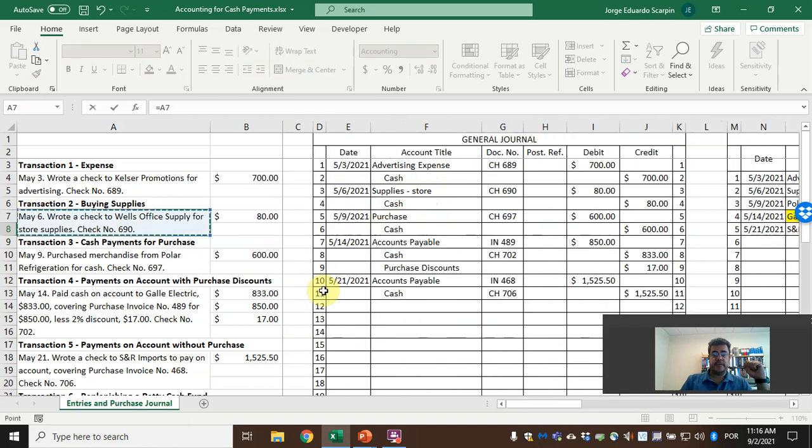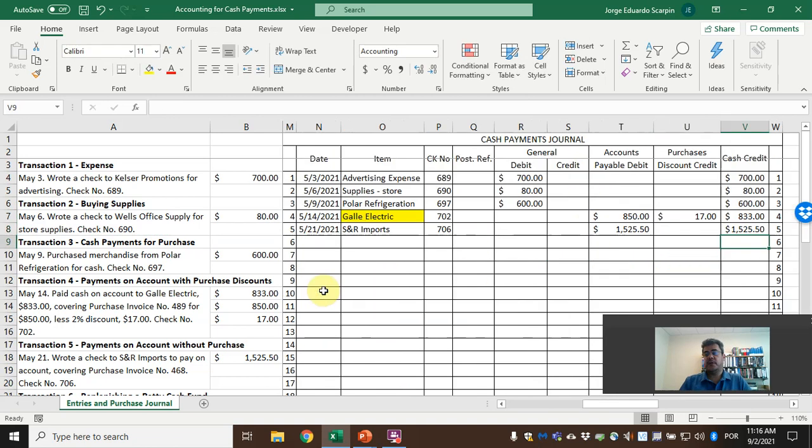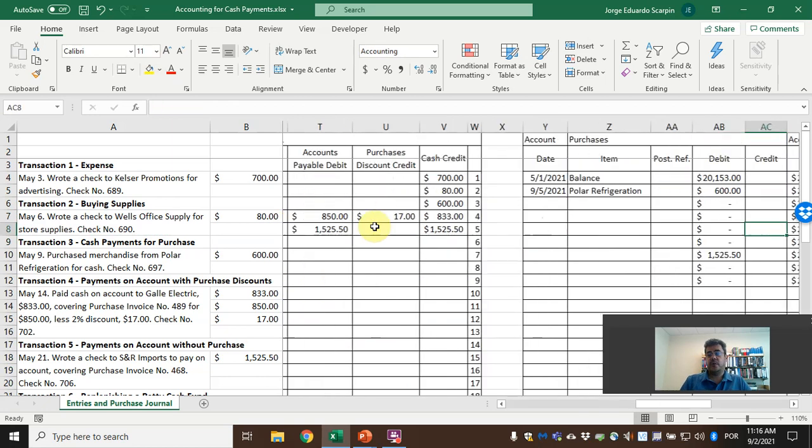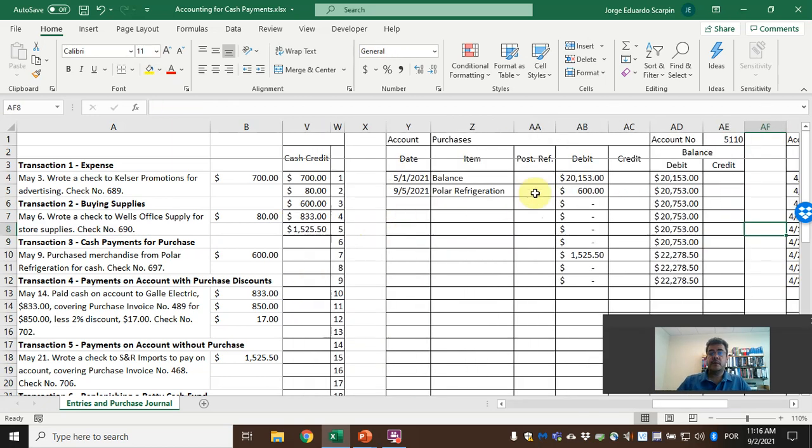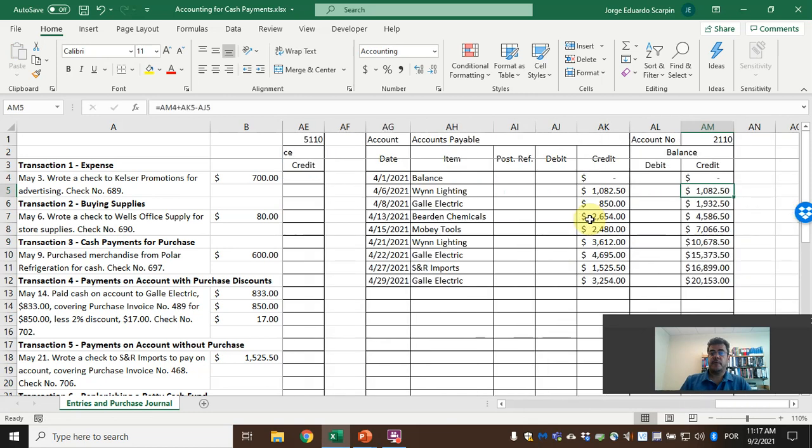Cash credit, 1,525. So again, here on yellow, we are paying accounts payable. And here, nothing. Much better. Perfect.